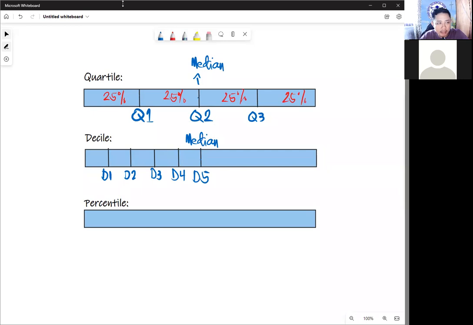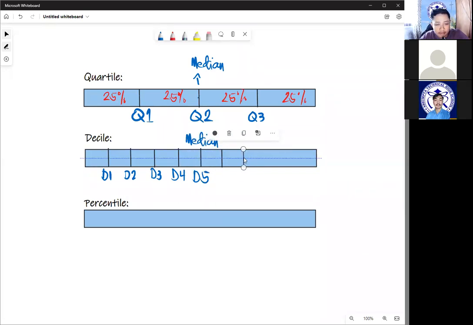Similarly, for our deciles after the median, there will be 4 deciles as well, and they will be our 6th to 9th deciles. So this will be D6, D7 or 7th decile, 8th decile, and the 9th decile.